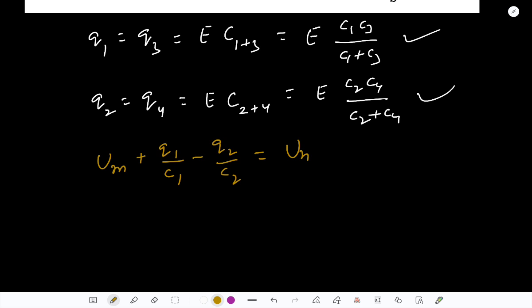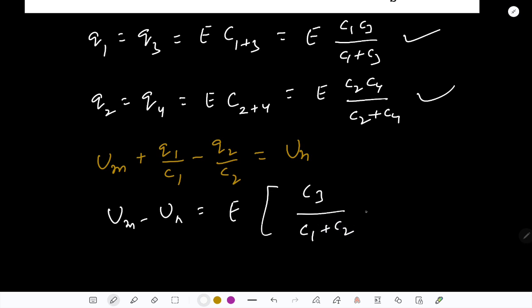U_M minus U_N I will get simply as something like E times C3 by C1 plus C3, minus C4 by C2 plus C4, like this.